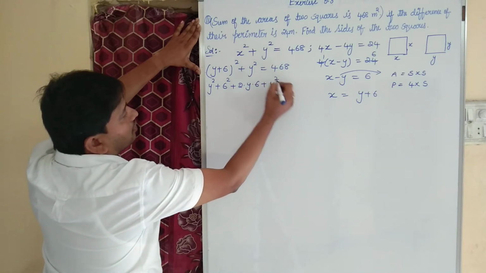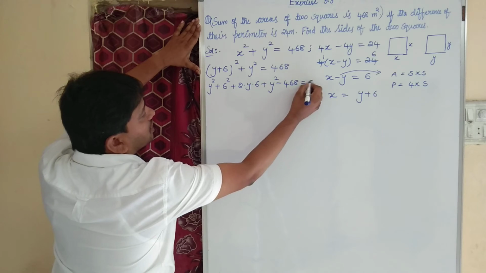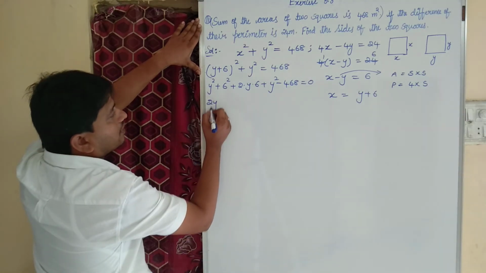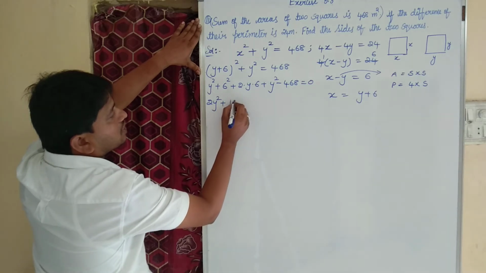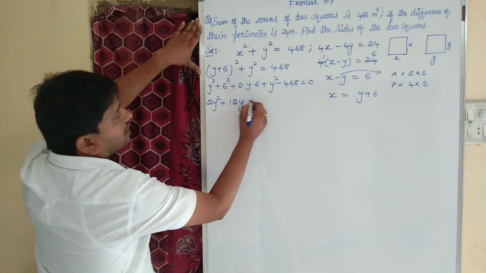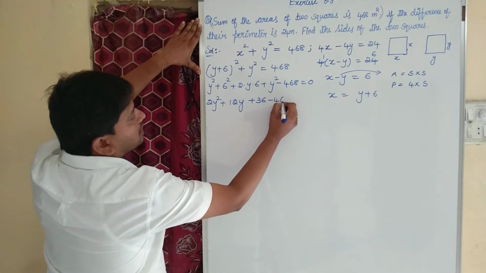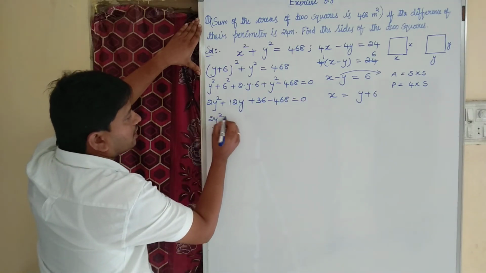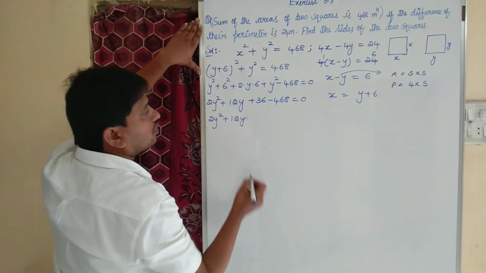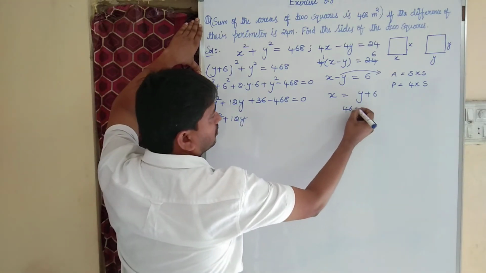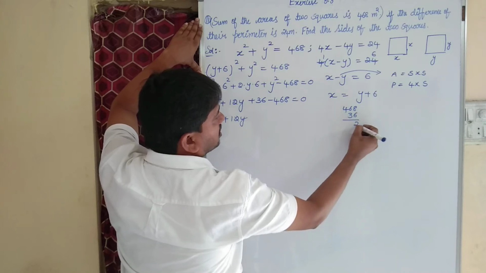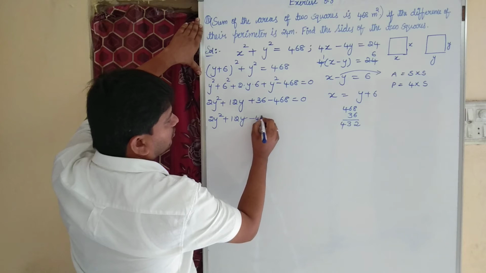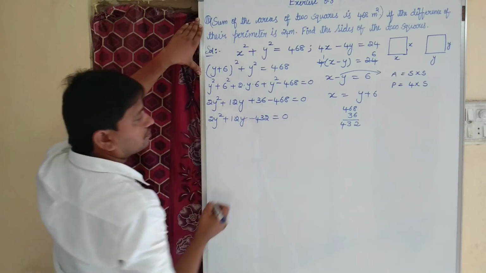Plus y square, 468 you transpose, minus 468 equal to 0. y square plus y square is 2y square, 2 into 6 is 12y, 6 square is 36, minus 468 equal to 0. 2y square plus 12y, 468 minus 36 is 432, minus 432 equal to 0.